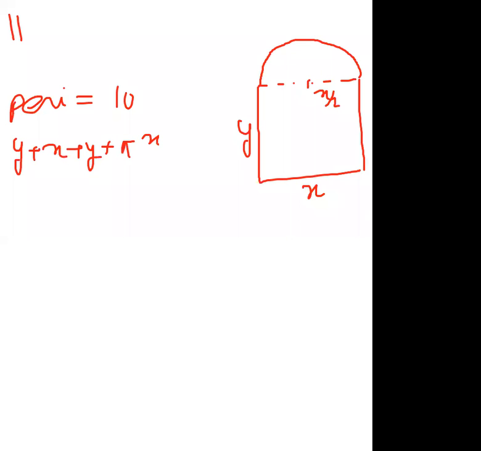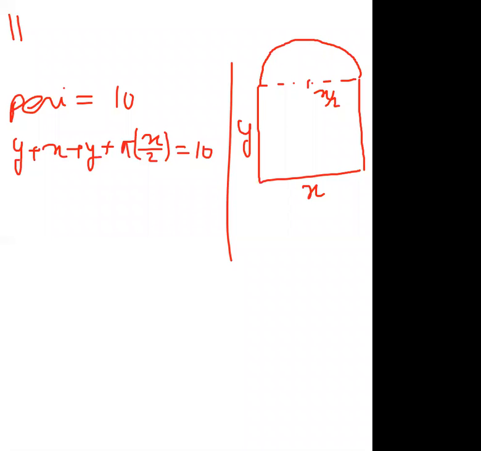R is x by 2, equals 10. Now, the first part is over: a window in the form of a rectangle surmounted by a semicircular opening, the total perimeter of the window is 10 meters. So this much is over. 10 meters is the perimeter. Now the next part is coming.